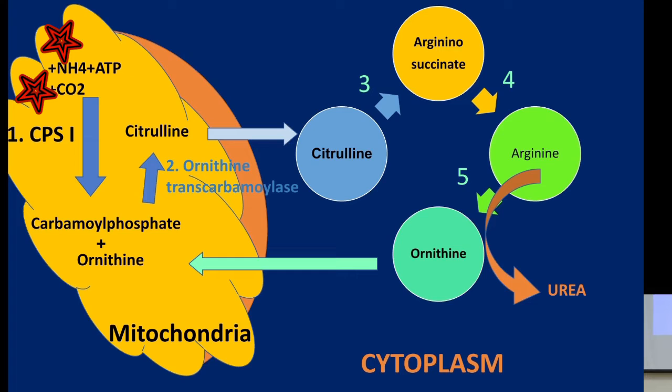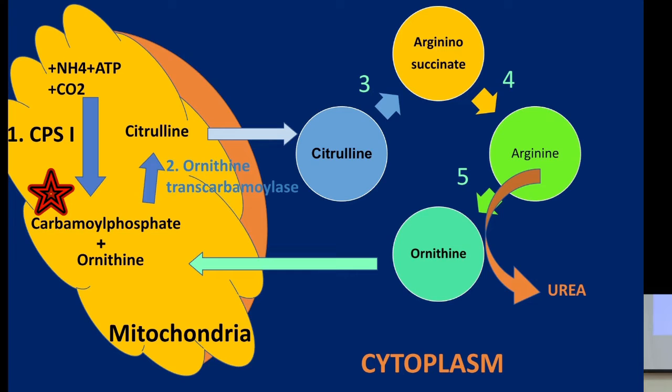Now you're going to need another amino acid we haven't talked about. It's called L-ornithine. You're going to condense L-ornithine with carbamoyl phosphate. The enzyme here is called ornithine transcarbamylase.